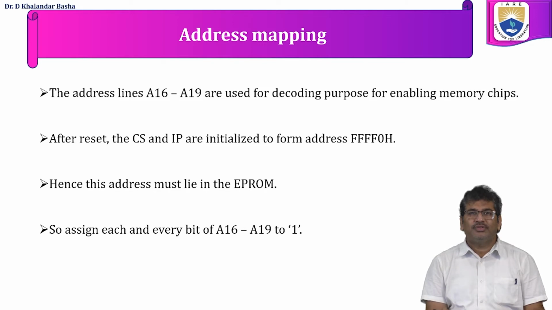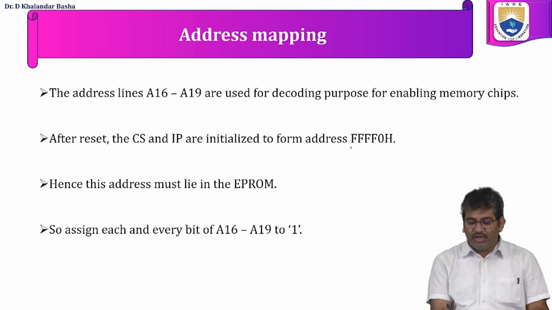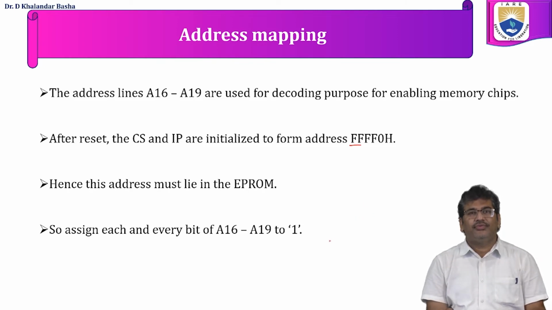As the initial programs that are going to be run will be stored in the ROM block, the address FFFF0H should lie in EPROM. So this address must lie in EPROM. As we observe, the upper bits are FFF, which indicates all the bits are 1.